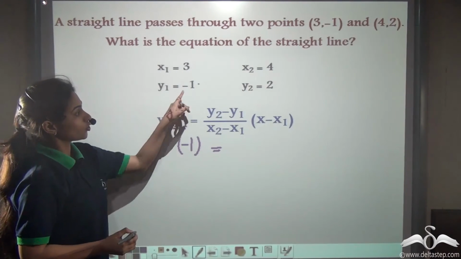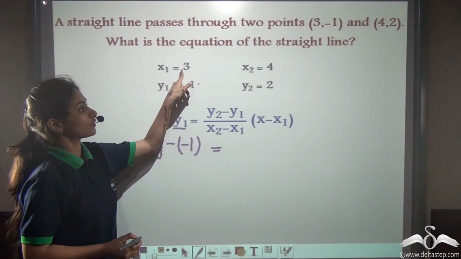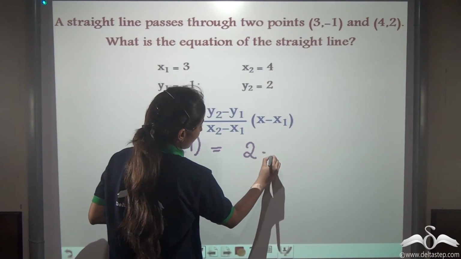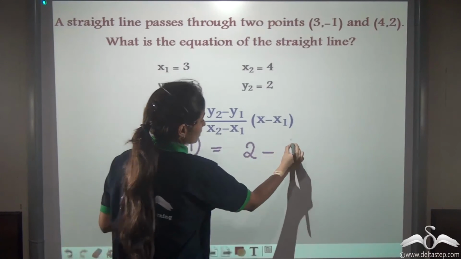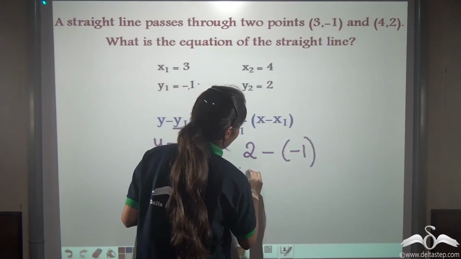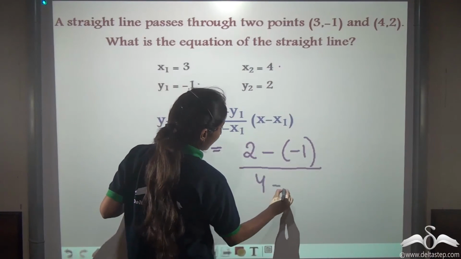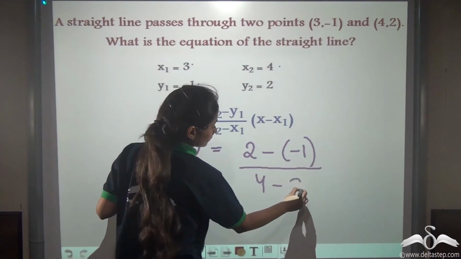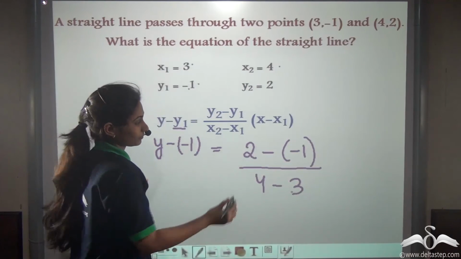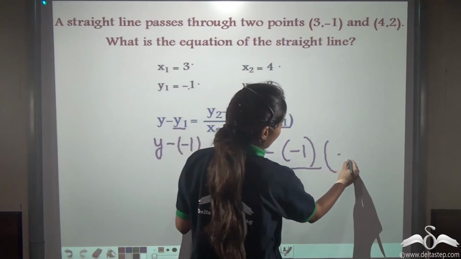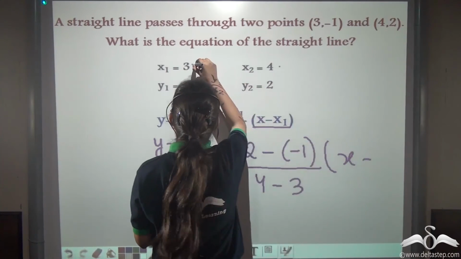Be sure that you do not ignore the signs of these coordinates. y2 is 2 minus, again y1, minus 1, by x2 minus x1. Are we done? This is left. x minus x1, which is 3.